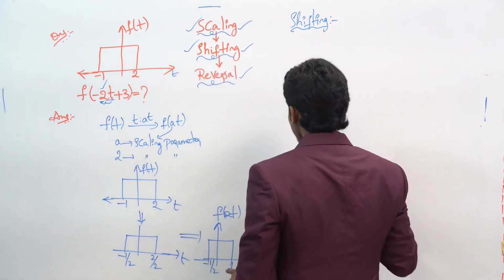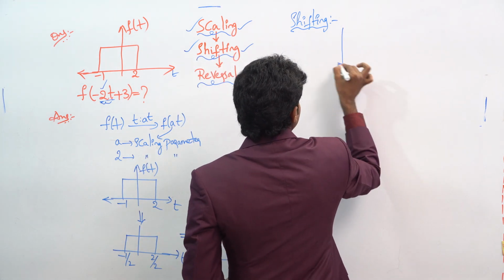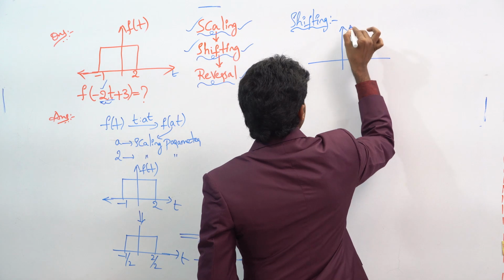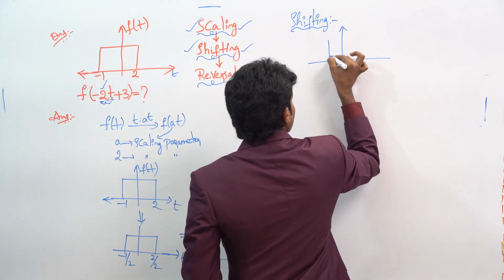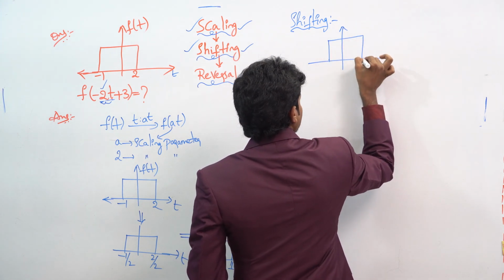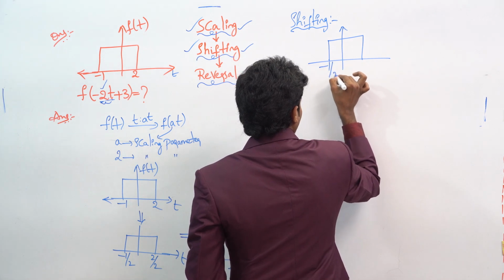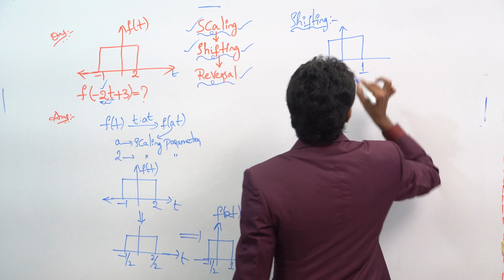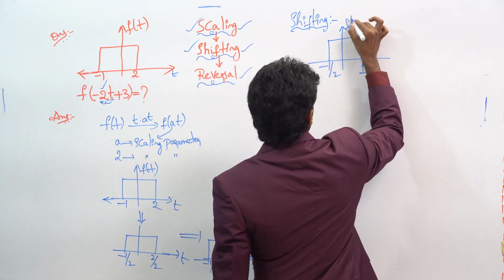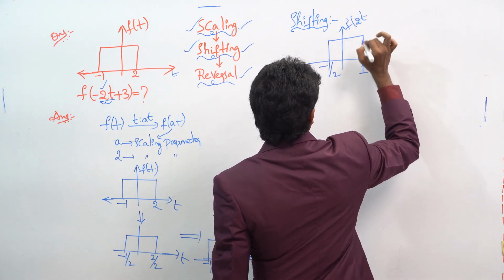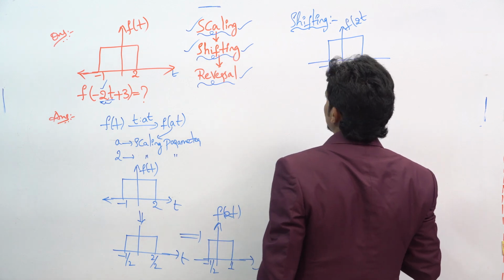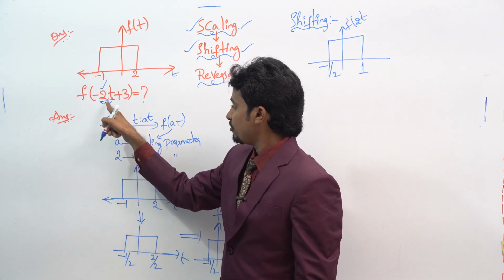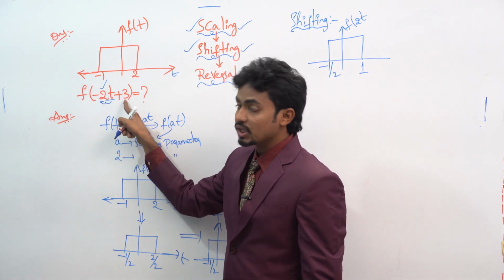Here we get -1 divided by 2 and 1. This is f of 2t. But what we have to do is f of 2t plus 3.